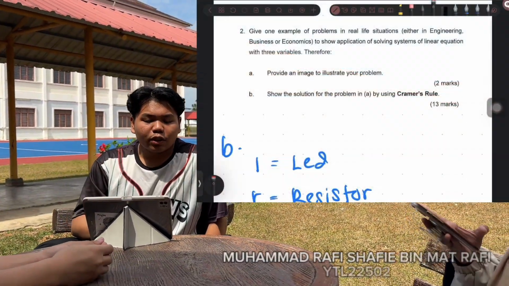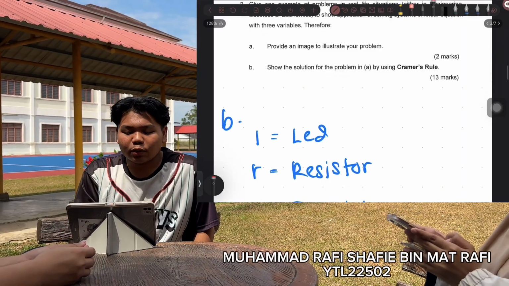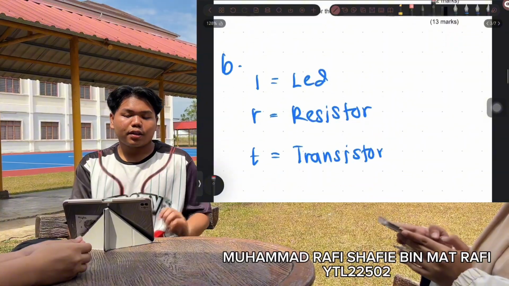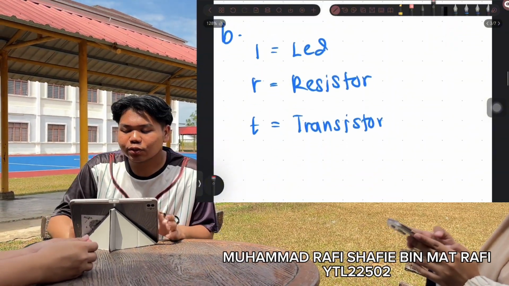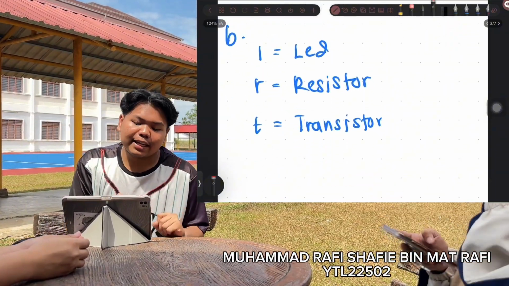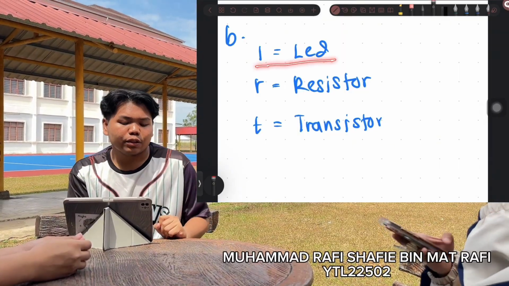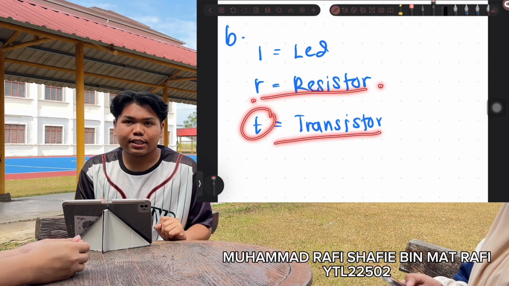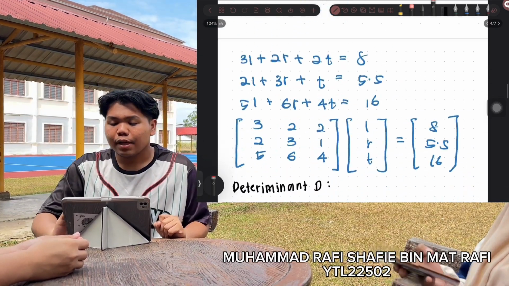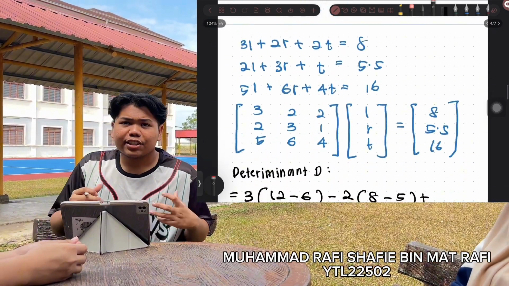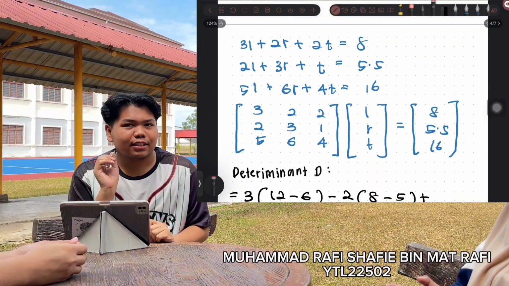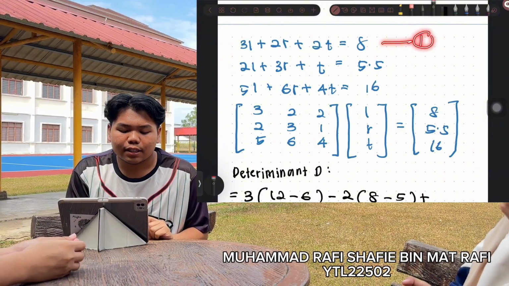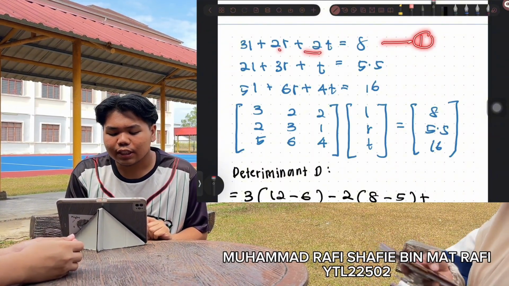So, for question 2b, show the solution for the problem in A using Cramer's rule. First thing first, we need to represent L as LED, R as resistor, and T as transistor. Based on the table given, we can create 3 mathematical equations. The first equation is 3L plus 2R plus 2T equal to 8.